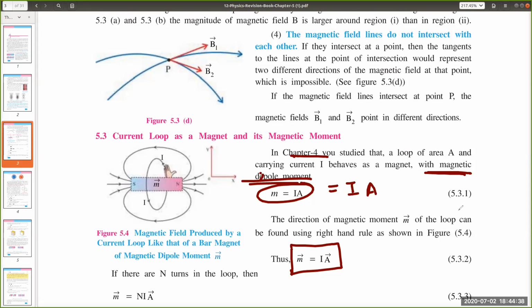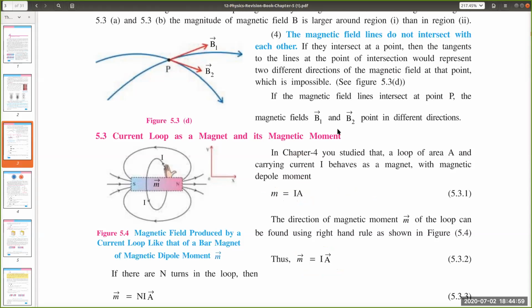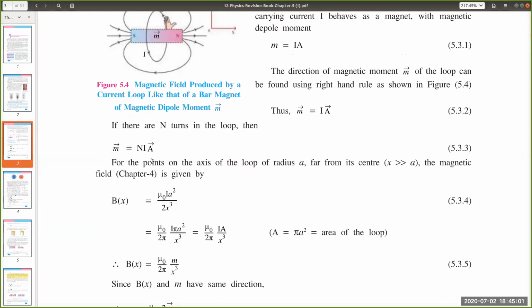Bar is the vector notation. And if there are n loops, the answer is M is NIA.